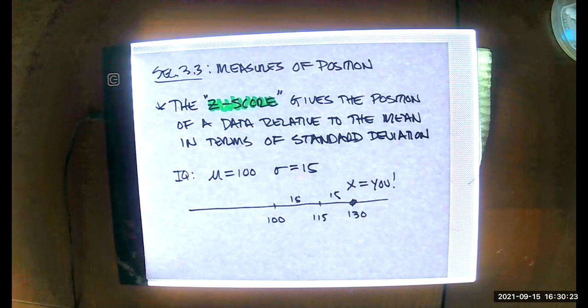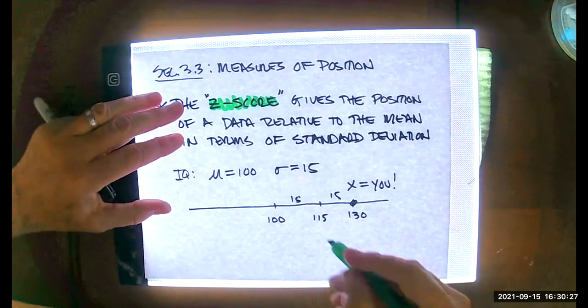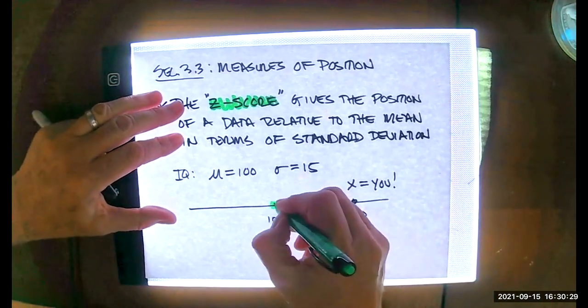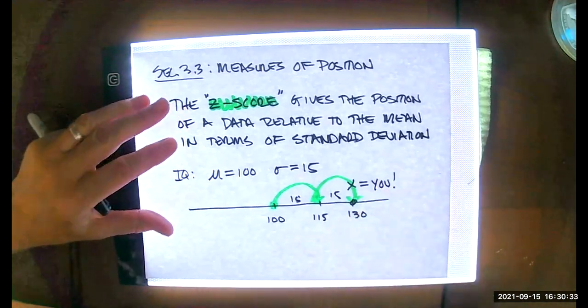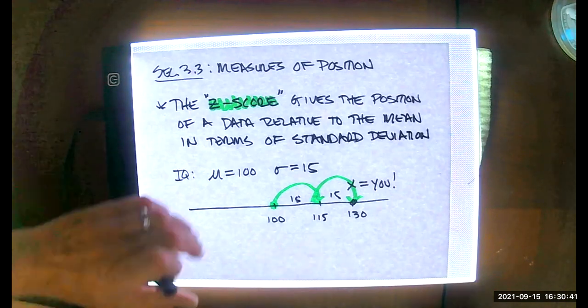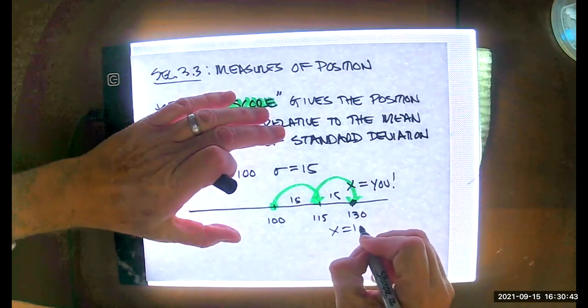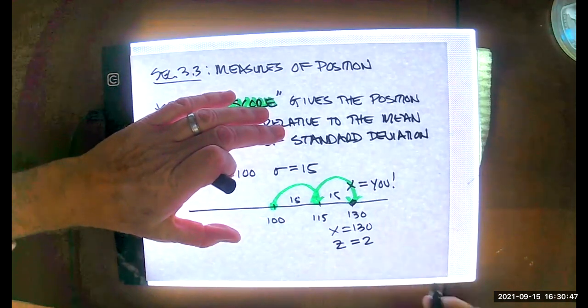How many standard deviations did it take to get from the mean to the 130? I had to take 2 steps of 15 units to get from 100 to 130. So if x is equal to 130, the z-score is equal to 2.